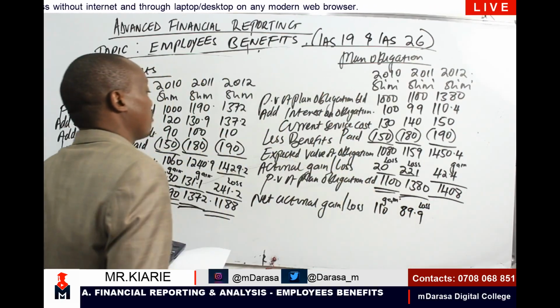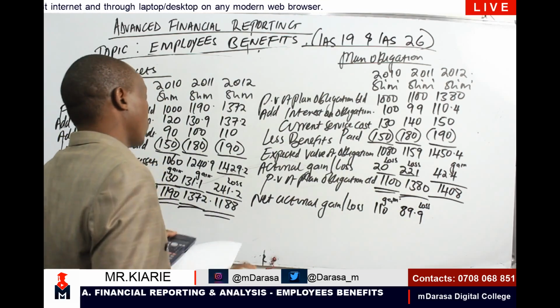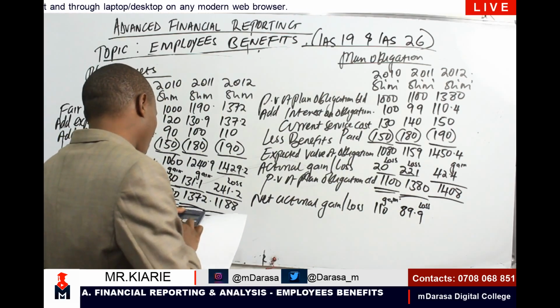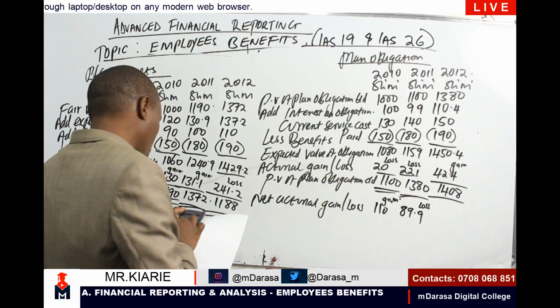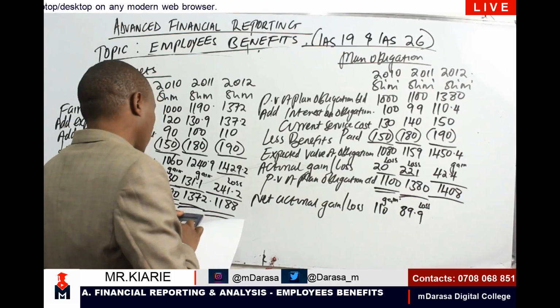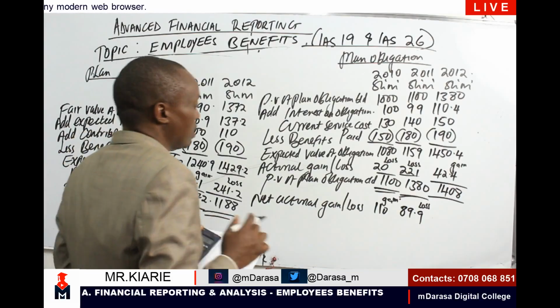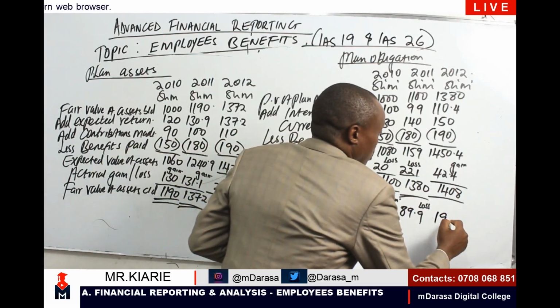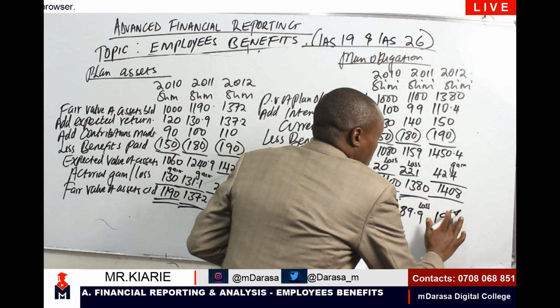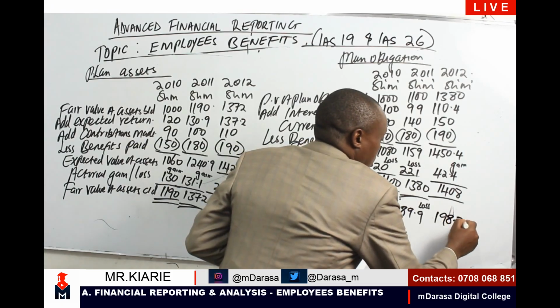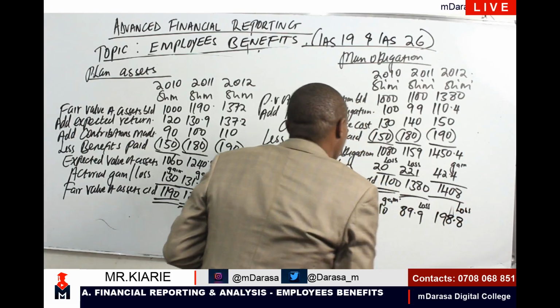In 2012, I had a gain of 42.4 and a loss of 241.2. So once I offset them, I get 188.8, which is a loss.